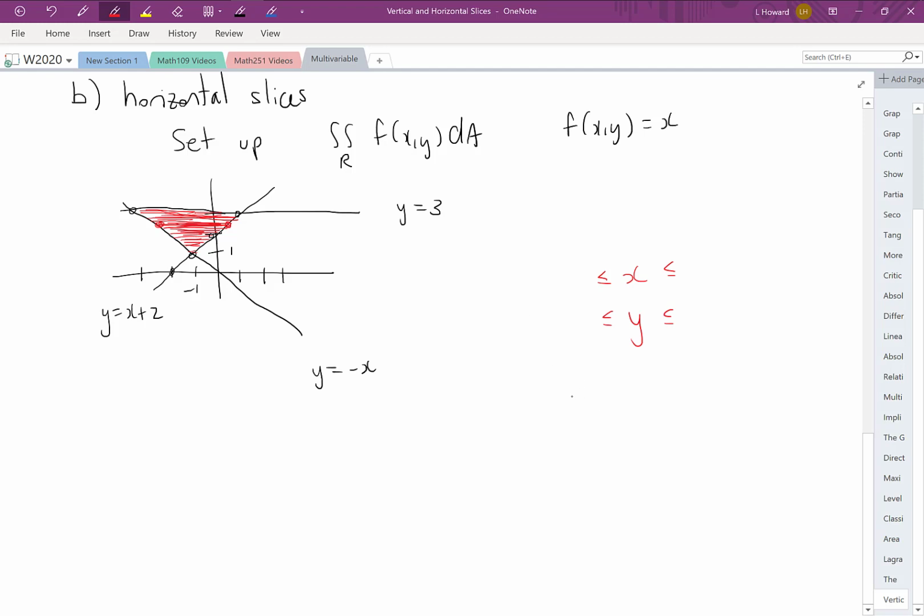Because we think about it in that order, when we write down dA it's going to be dx dy in that order. So the difference between dA equals dy dx versus dA equals dx dy is the difference between vertical slices like in part A and horizontal slices like we're doing here.